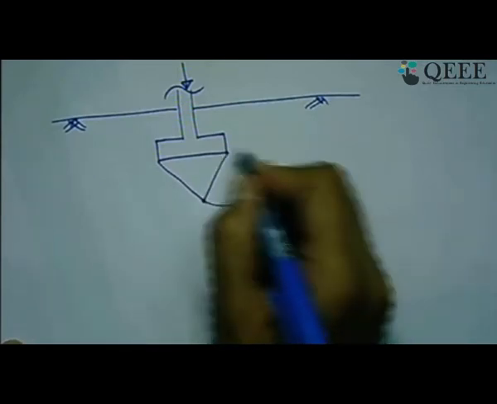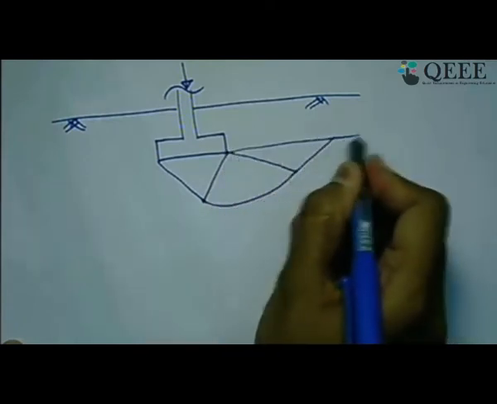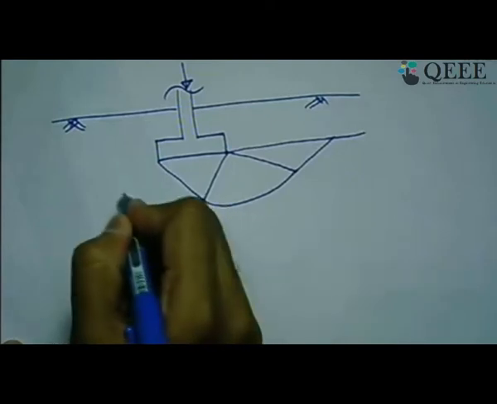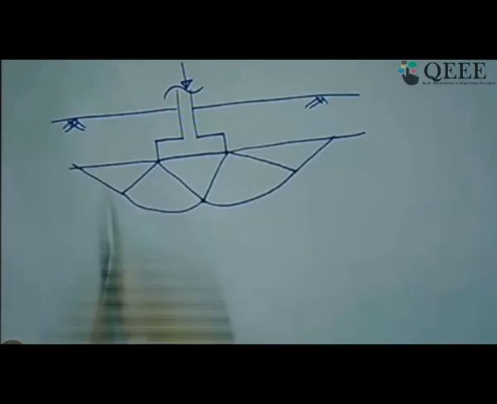Suppose we take Terzaghi's bearing capacity solution; this is nothing but a problem of passive earth pressure. Why is it a problem of passive earth pressure?